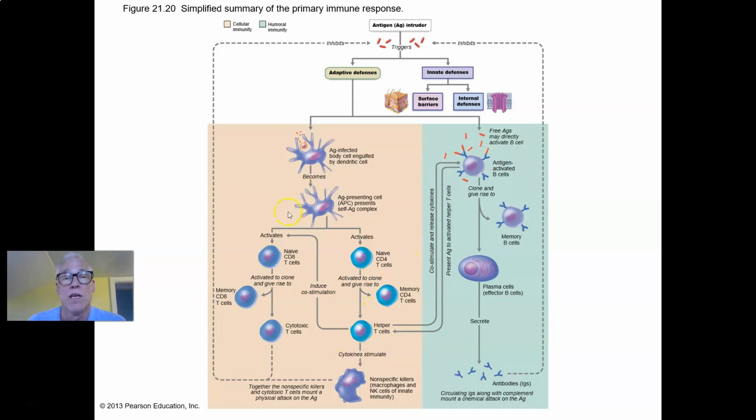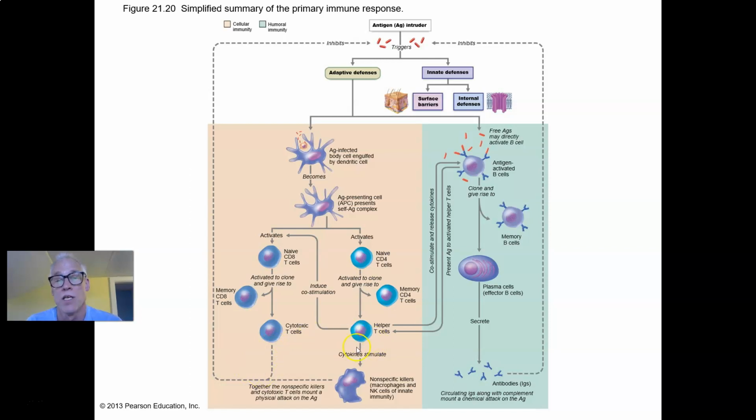Or the CD8 cells will recognize processed antigens on the MHC I here and become activated, and the activated helper T cells will produce cytokines or co-stimulatory molecules that can activate this CD8 cell and turn it into a cytotoxic T cell effector, which can go on the road and kill infected cells.